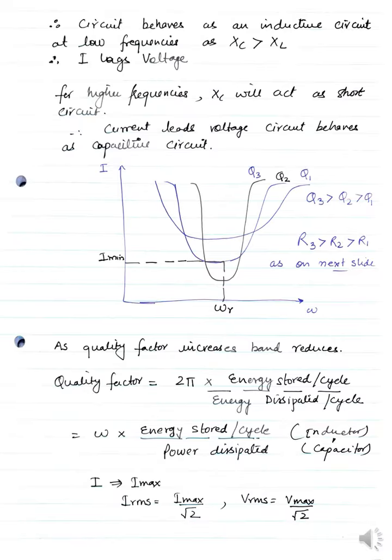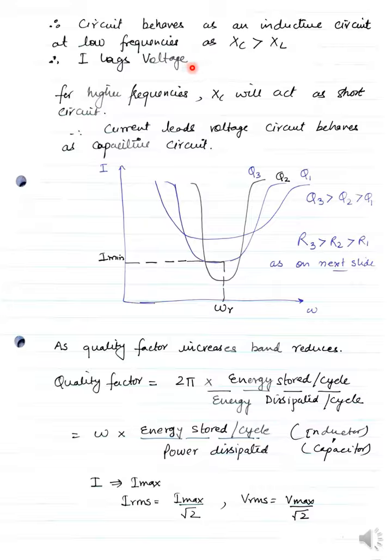Now therefore the circuit behaves as an inductive circuit at low frequencies, as it's basically XL greater than XC here. So it's XL greater than XC, and therefore I lags voltage.